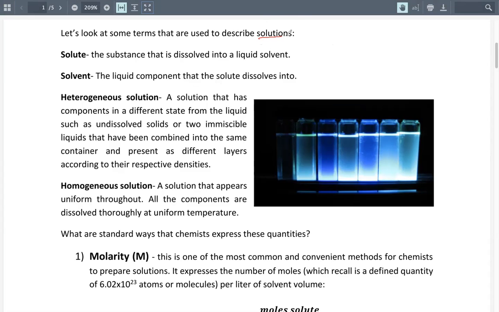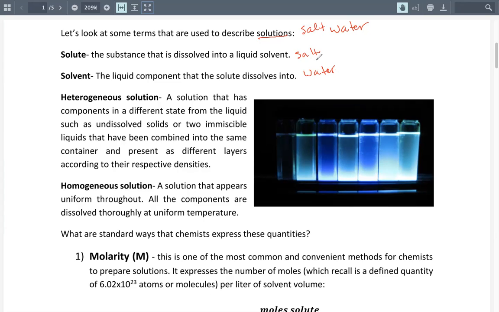My solution is called salt water because it contains salt and water, very simply. My solute in this case is the salt, and the solvent is the water. Just that simple. My solute is the thing that I am dissolving into the liquid to make the solution.